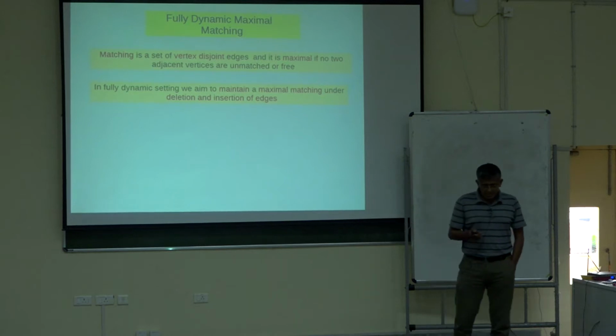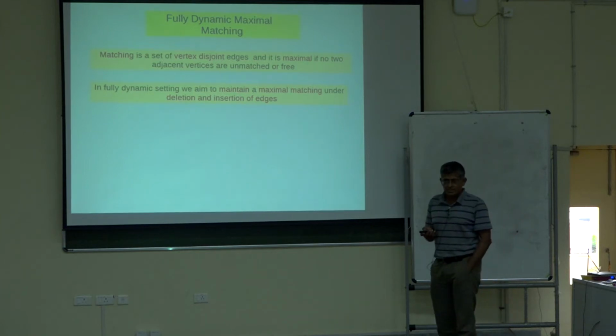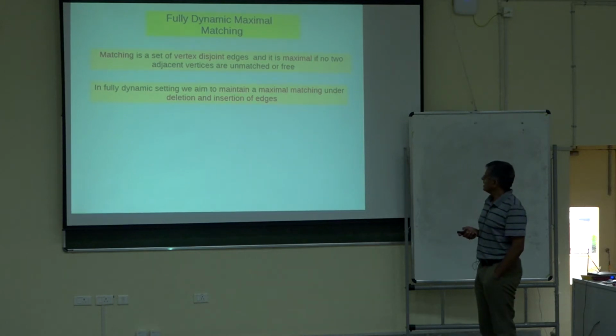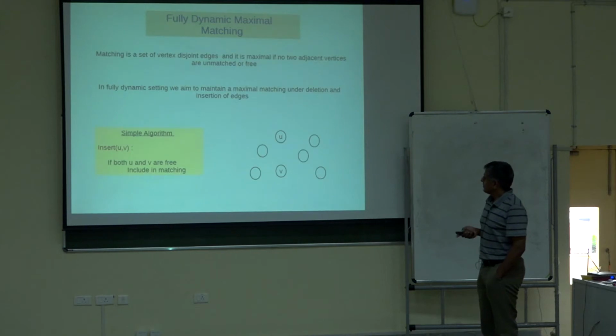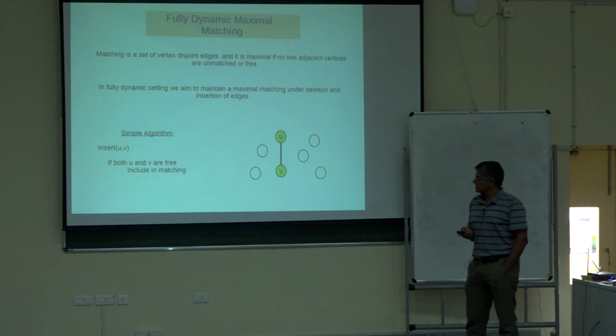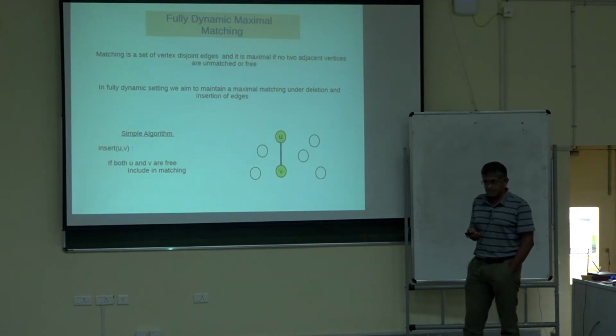Alright, so let's quickly go through what a maximal matching is. You cannot add one more edge without violating the property that it is a matching. So what would be the simplest approach? These are the vertices, and a new edge is presented to you.